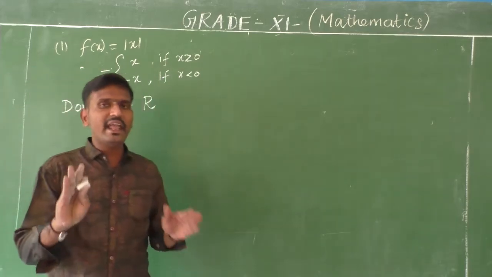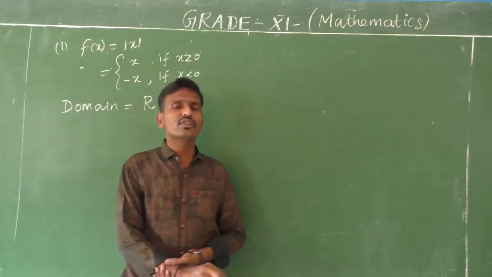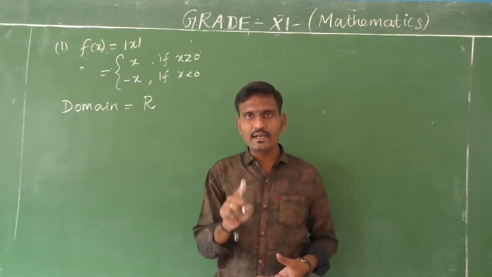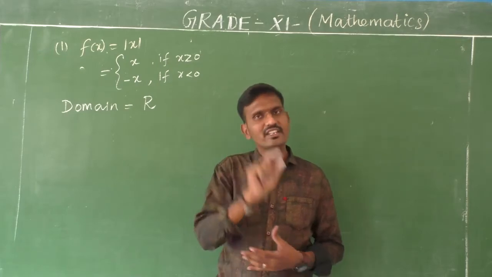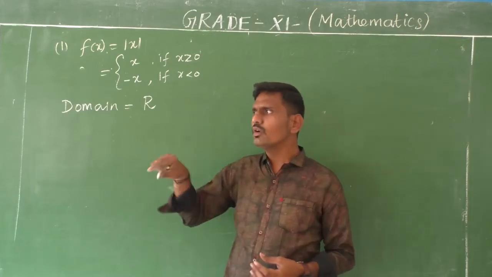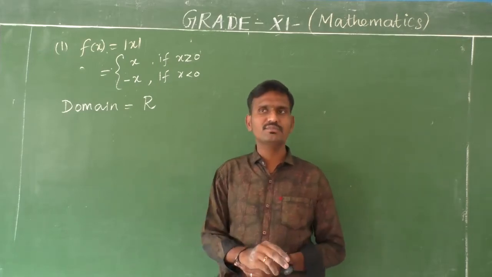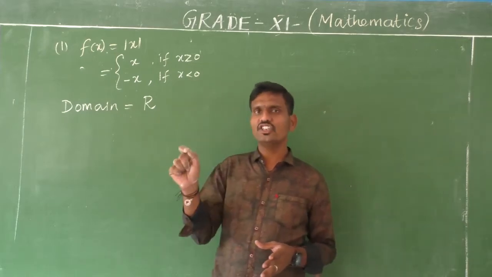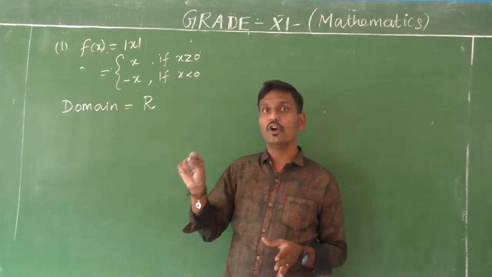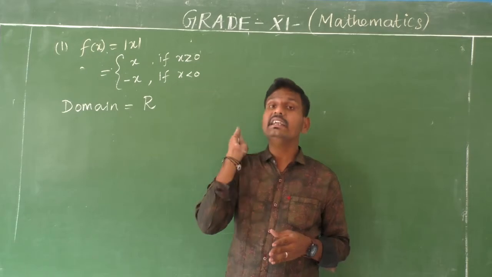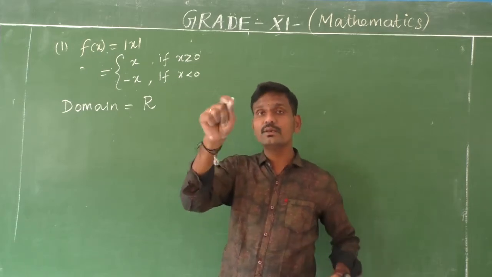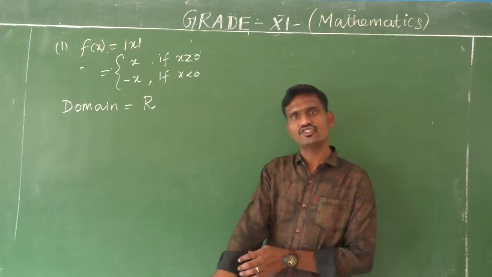And next what is asked? Range. Listen carefully, all of you. The range of f of x is all the real numbers except the negative real numbers. Why we have to exclude them, you know the concept: the modulus of positive is positive only, and even if you substitute a negative inside the modulus symbol, we get positive only.